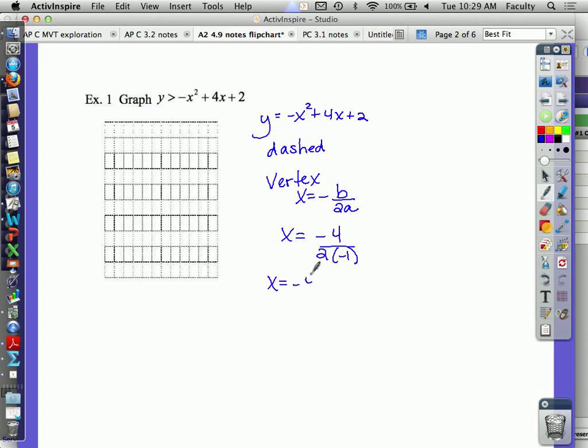So x equals -4 over -2, so x is 2. Then I need to find the corresponding y value, so I plug it into the equation. So I'm getting y equals -4 plus 8 plus 2, so y is 6.